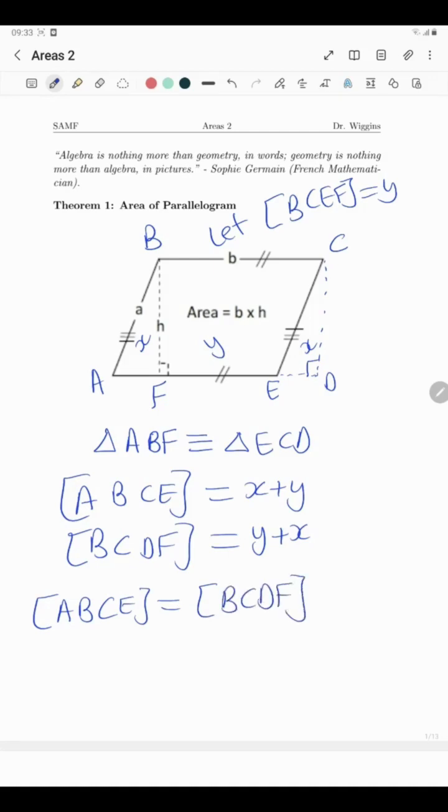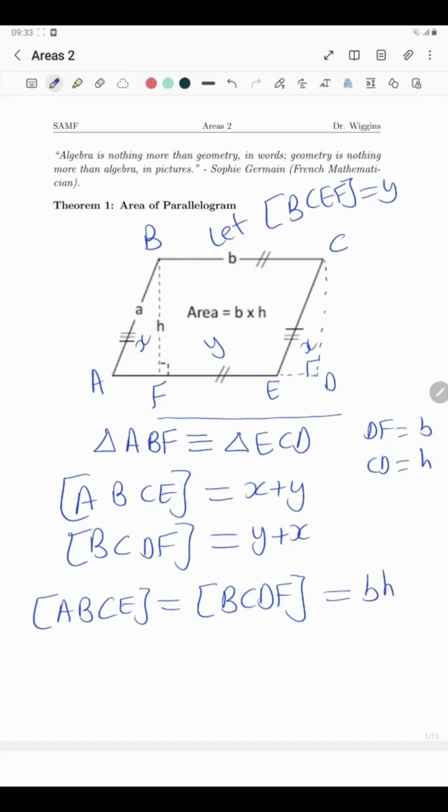BCDF. And have you noticed what kind of quadrilateral BCDF is? Yes, it is a rectangle. And the distance from F to D is clearly, by the diagram, DF equal to B, and CD is H. And the area of a rectangle is base times height, so it's BH. And there you go.